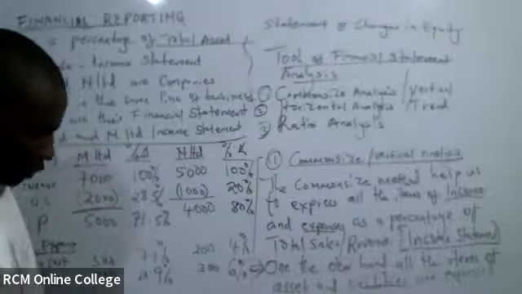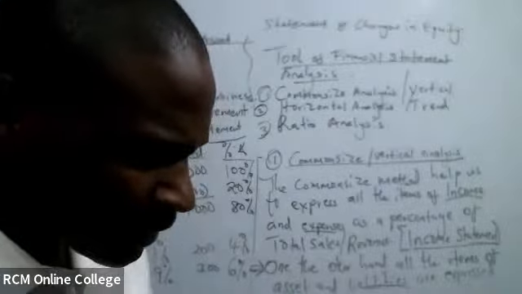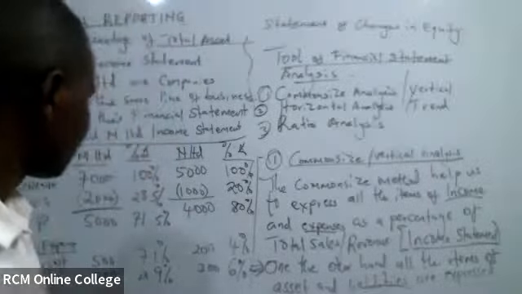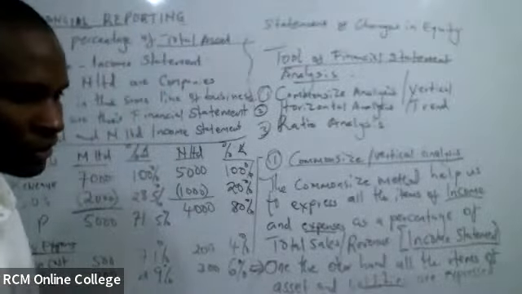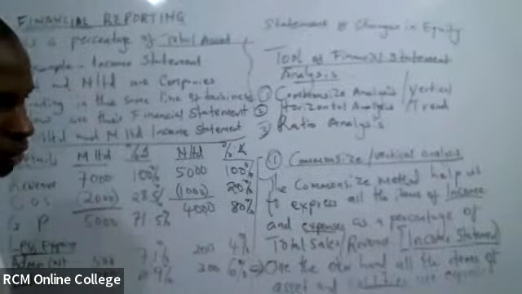So, between the two companies, what is that last item in the income statement? The distribution cost. Distribution cost. This one.